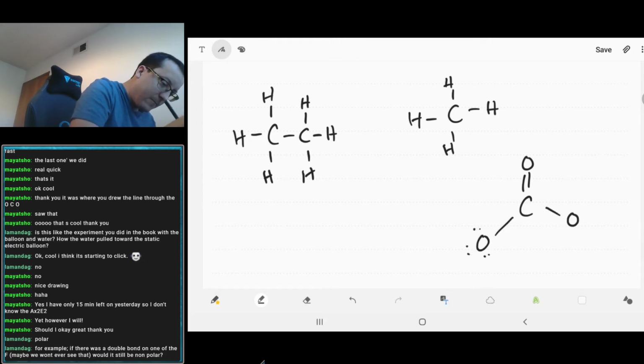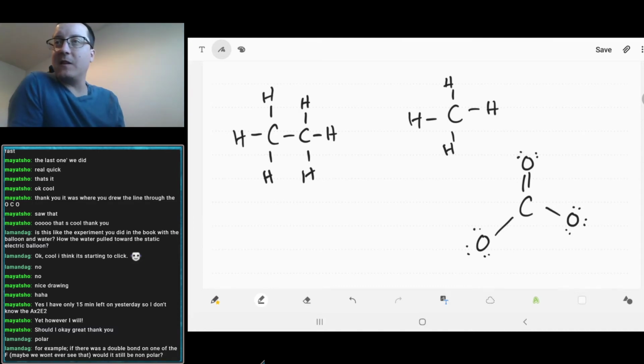Carbonate. If we pretend this is not an ion, even though it's an ion, these oxygens would all pull pretty much equally. So we would not worry about one of them pulling more, and we would technically say this is nonpolar. However, it is an ion, so that means it has charge already.